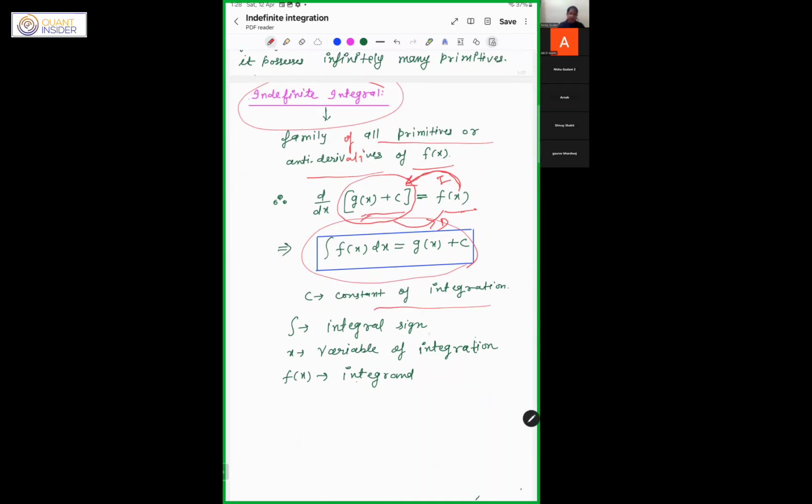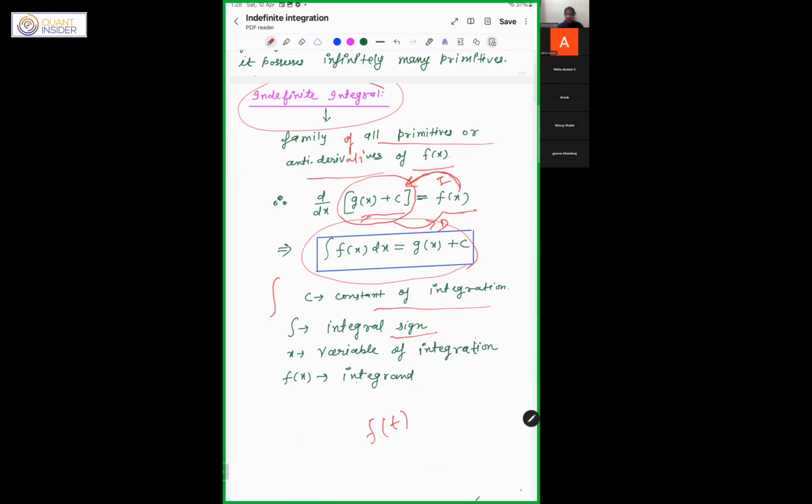This sign is called the integral sign. x is the variable of integration, because you can have a function in terms of t, in which case the variable will be t, but here the variable is x. And f(x) is called the integrand, the function which we are going to integrate.